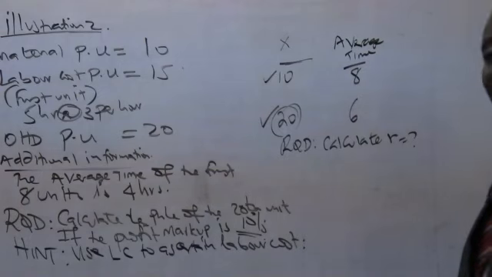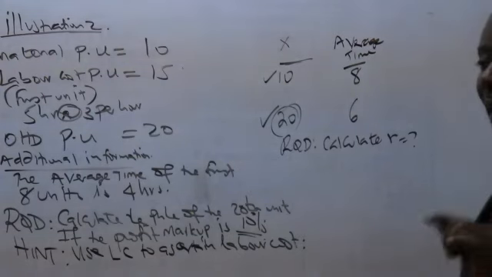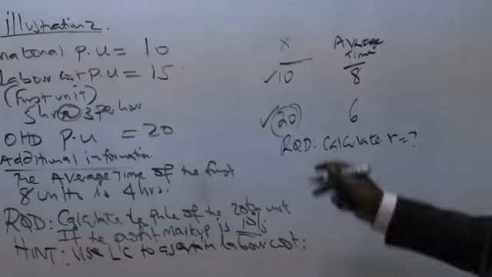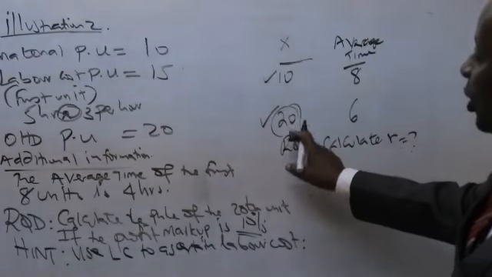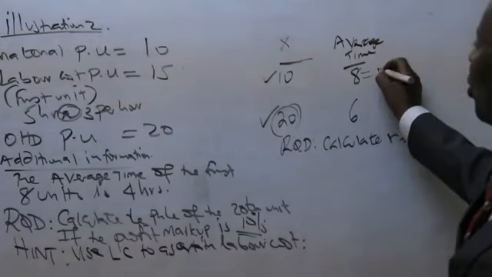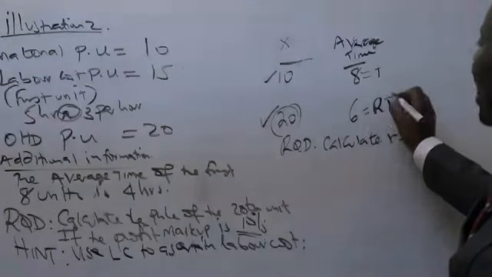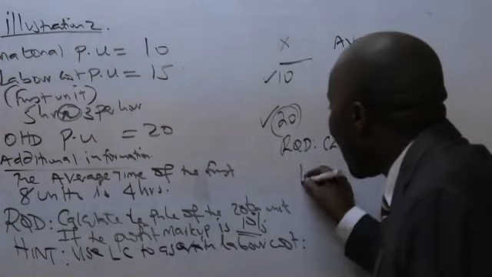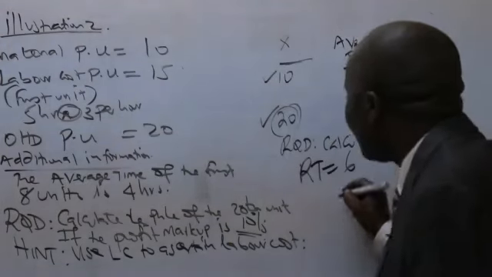Anytime this R is not given, always think about the doubling path. This is normally what we do. There is a double here, 10 times 2 is 20. Then this one here will be called T, and this one here will be called RT. What we are saying basically is that our RT equals 6.